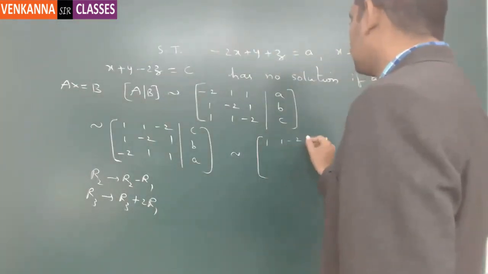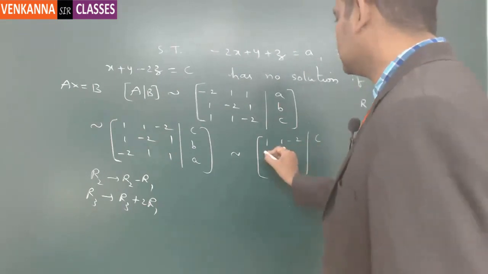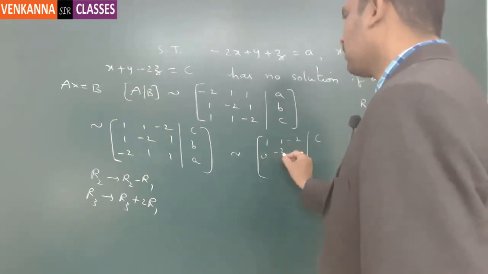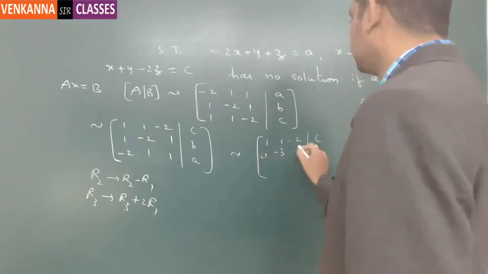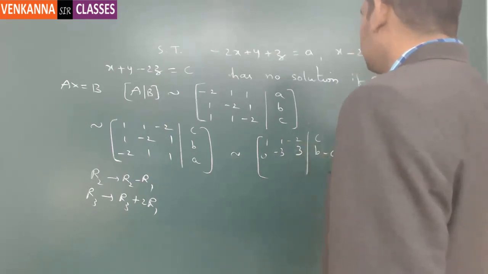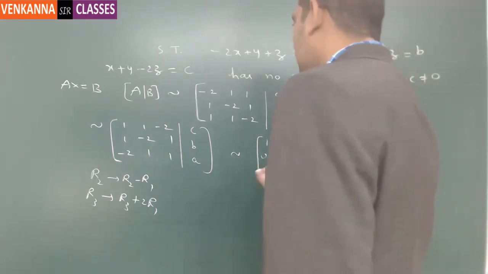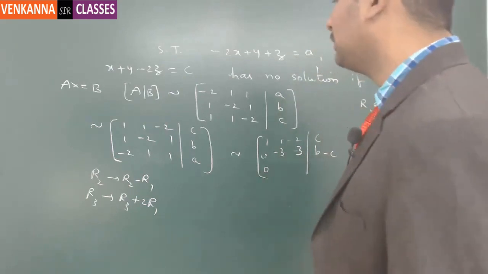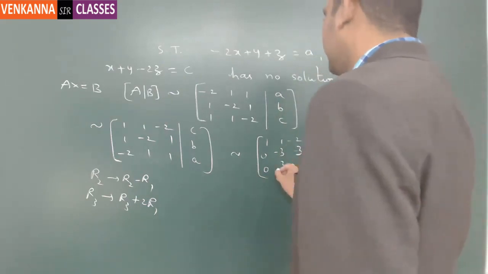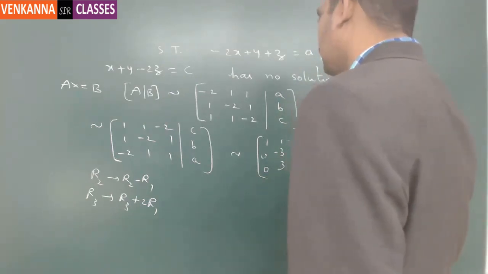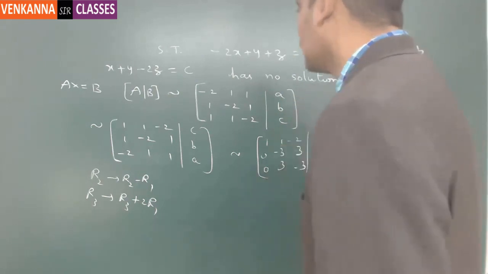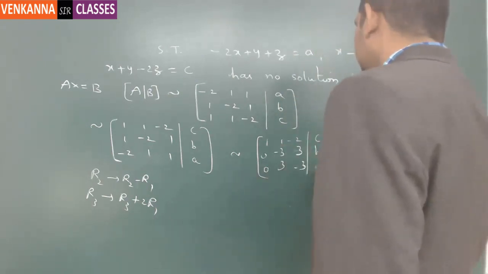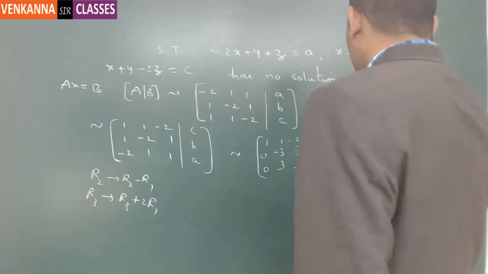So it is equivalent to 1, 1, minus 2 with C; 0, minus 3, 3 with B minus C; then 0, and R3 plus 2R1 gives 3, minus 1, minus 3 with A plus 2C.